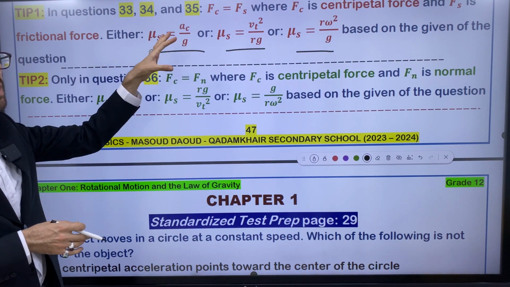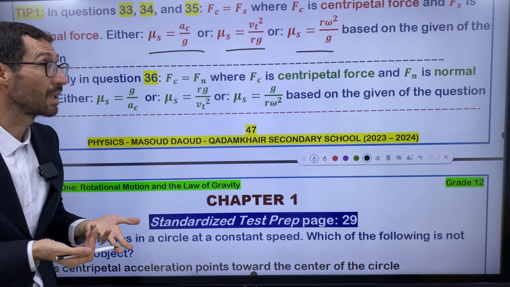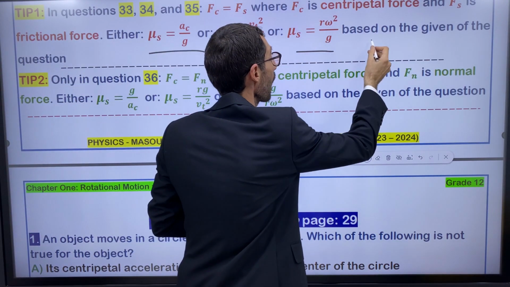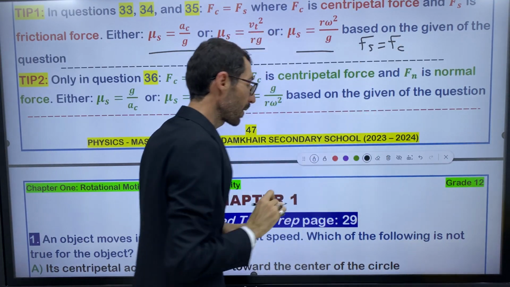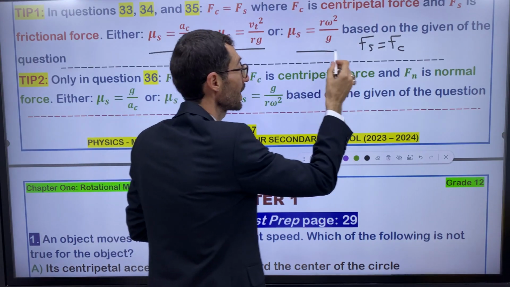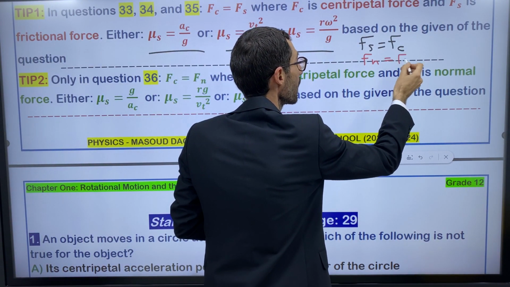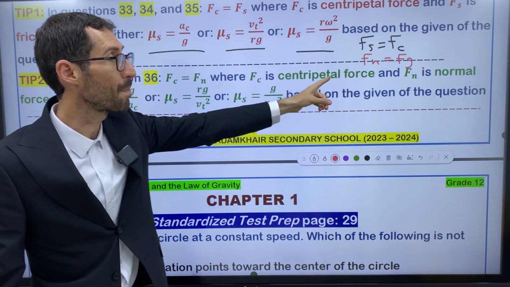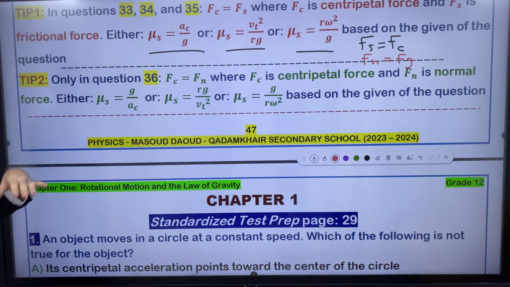For these questions, friction is in charge of keeping the object in a circular track. That's why in this situation Fs becomes Fc, and I'm going to add one more condition: Fn becomes Fg. Normal force balances the weight of an object.